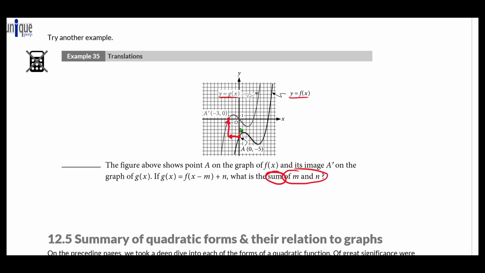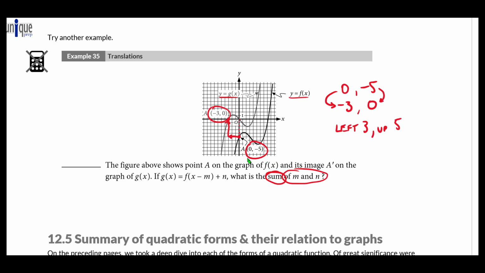That's 1, 2, 3, 4, 5. So left 3, I'm going to write those down. Left 3, up 5. We can see that on the graph. We can also see it in the points themselves, right? If we go from 0, -5 to -3, 0, well, again, that means we went left 3 and we went up 5. So left 3, up 5.